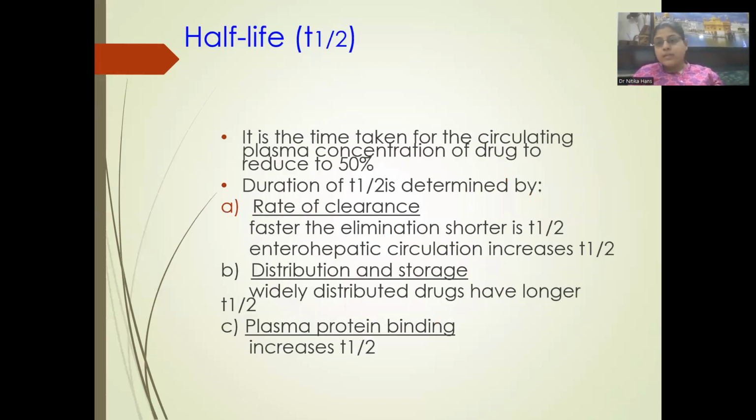Now half-life. What is half-life? It is the time taken for the circulating plasma concentration of the drug to reduce to 50%. How much time is taken for the drug's plasma concentration to reduce to 50% of its amount, that is half-life. And the duration of half-life is determined by the rate of clearance.